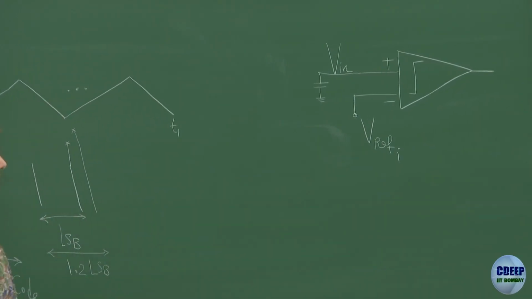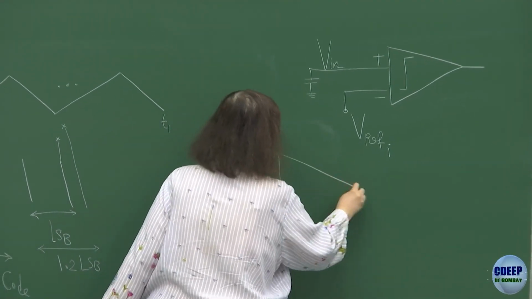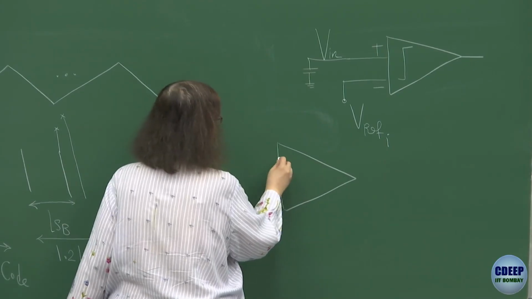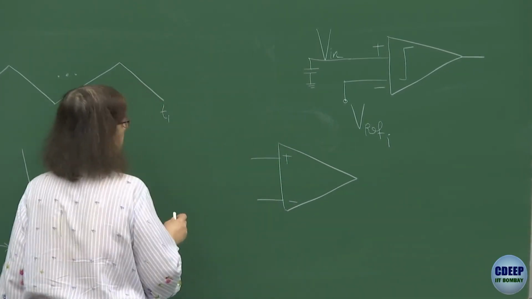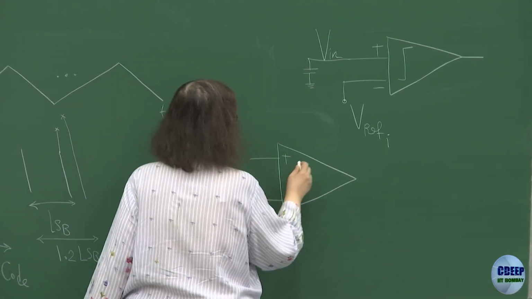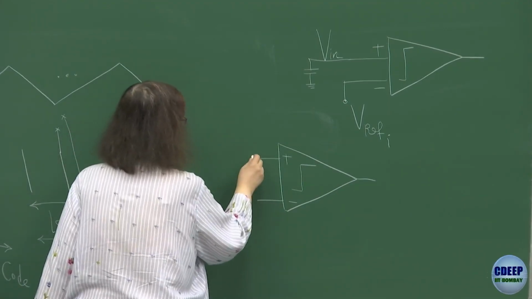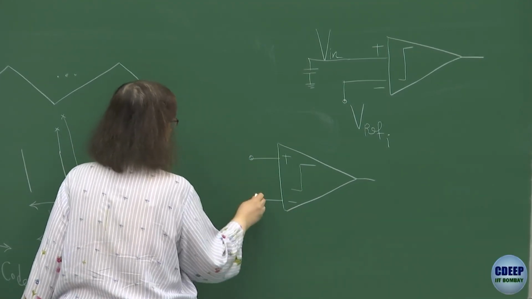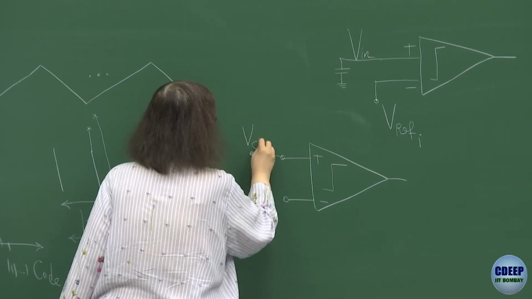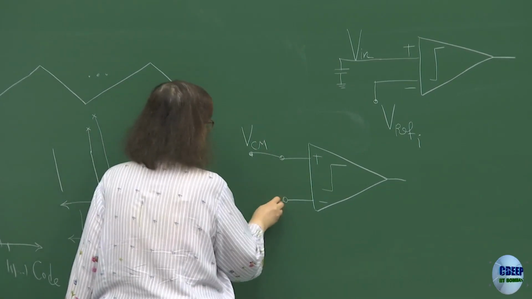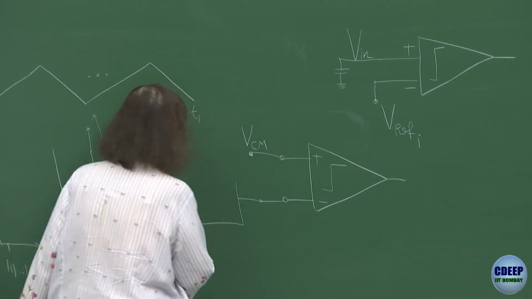Instead of that, what we can do, similar to what we had for the differential flash ADC, is use that technique over here as well. So we can have VCM here, and here we can have a block, which is that capacitive DAC.